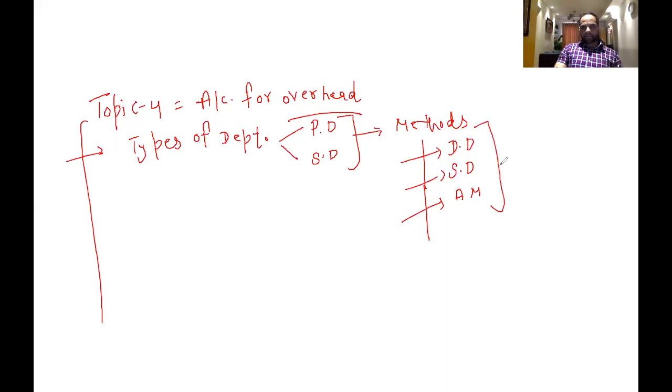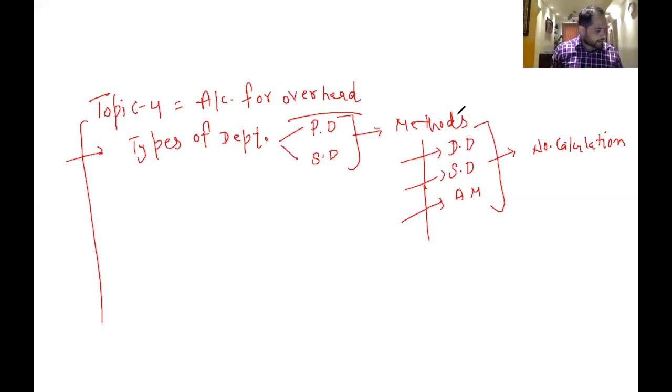Again, no calculations. I will not ask any questions regarding calculations from topic 4, because this calculation you also covered in your assignments, like the big questions, so you don't have to do it again.